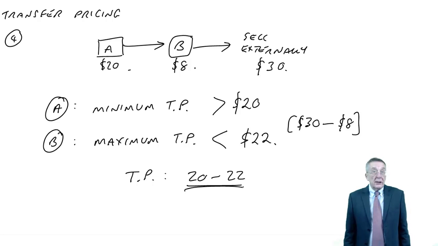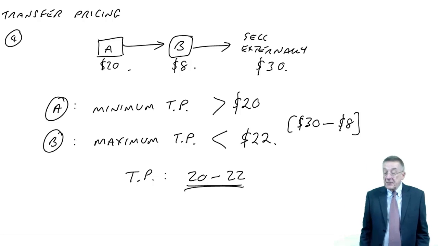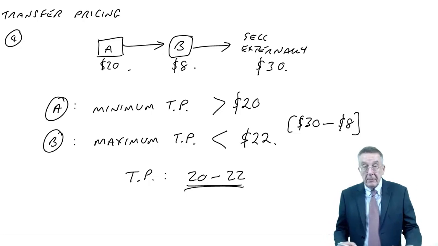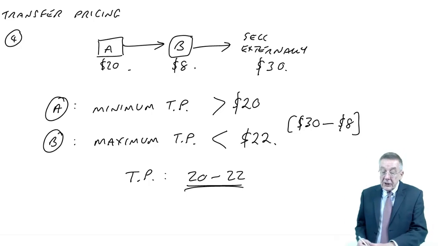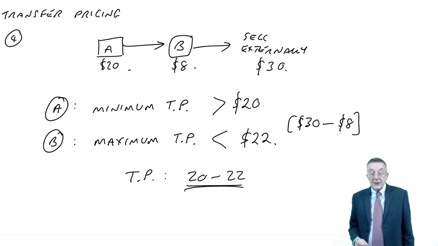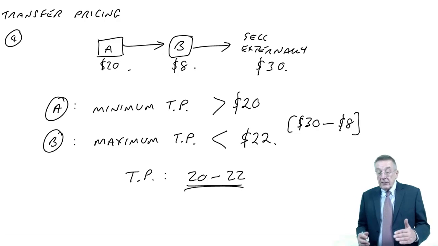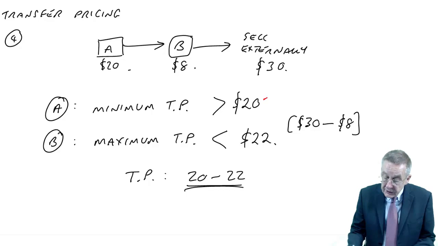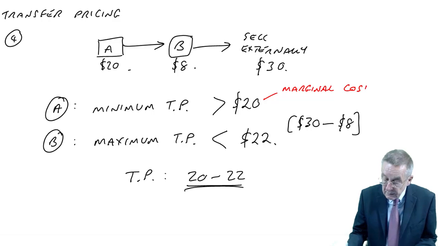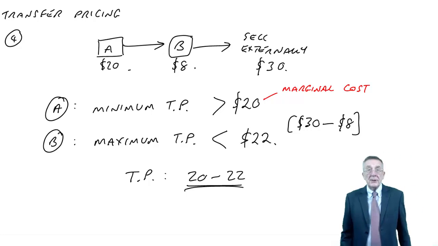Just a bit of terminology, even though in the exam it's the figures themselves, the numbers that matter. Division A fixes the minimum transfer price, and to be prepared to sell it must be more than cost. That 20 is the marginal variable cost.